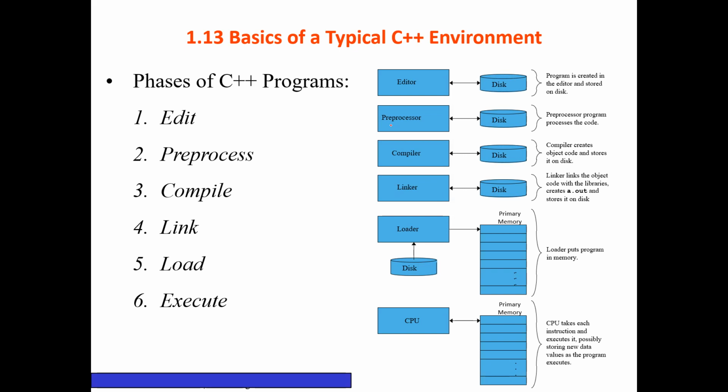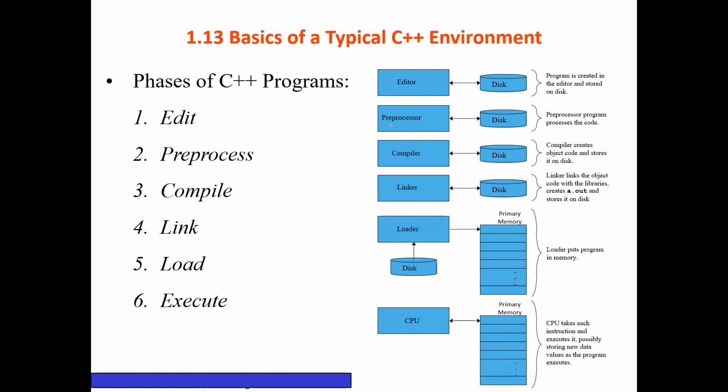If you want to use cin and cout, you need the iostream.h file, which we include using the preprocessor directive hash include iostream.h. It is a separate file that has to be linked with your program for execution, and this linking is done by a separate program called the linker.